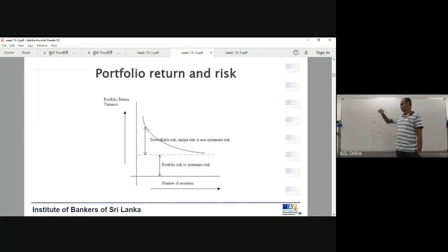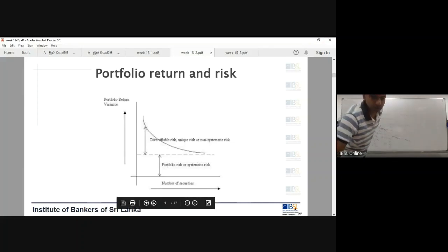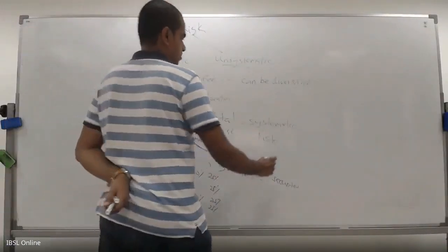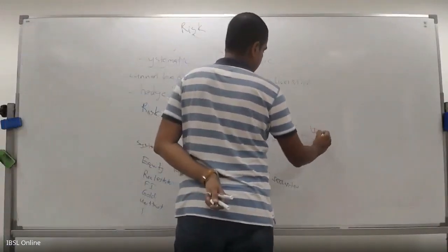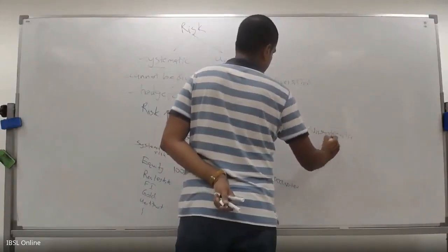And any risk on top of systematic risk is called unsystematic. So your total risk is the systematic risk plus unsystematic risk.